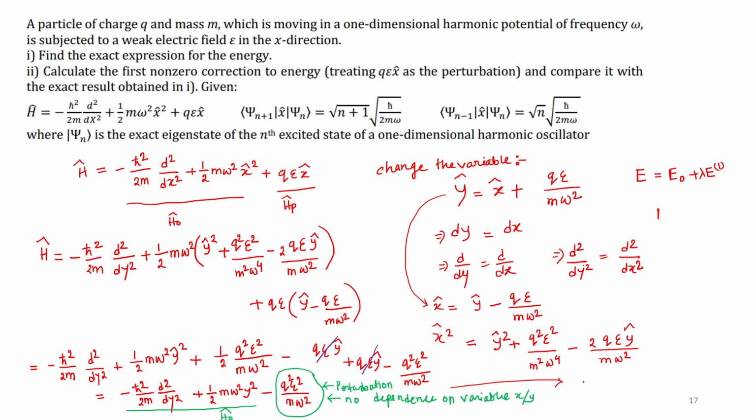So the first part, energy can be written n plus half h nu, right? This is for the unperturbed harmonic oscillator. This is the energy for the nth state minus we are going to get q square epsilon square by m omega square. So this is your expression for the energy.